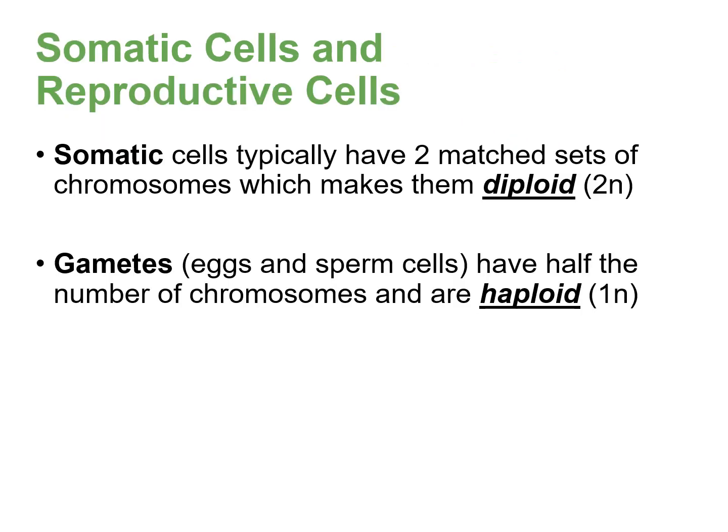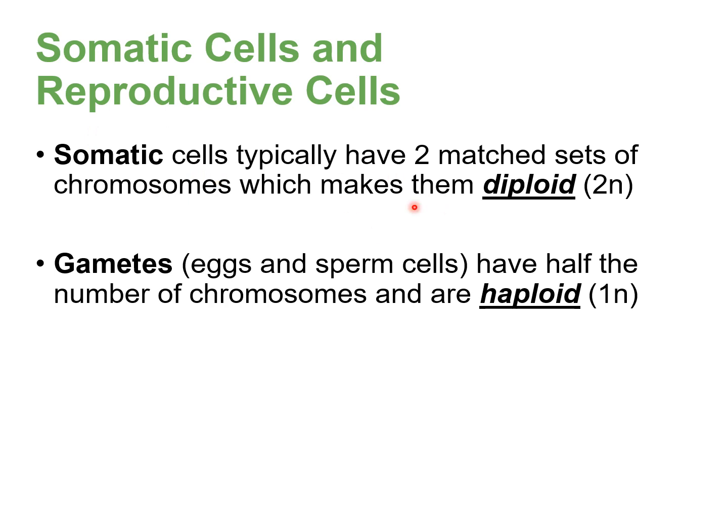Okay, so somatic cells and reproductive cells. So somatic means body, reproductive cells obviously are your reproductive organs in most cases. So somatic cells typically have two matched sets of chromosomes. So when we're talking about our 46 total chromosomes, 23 coming from mom, 23 coming from dad, it's really 22 somatic cells.